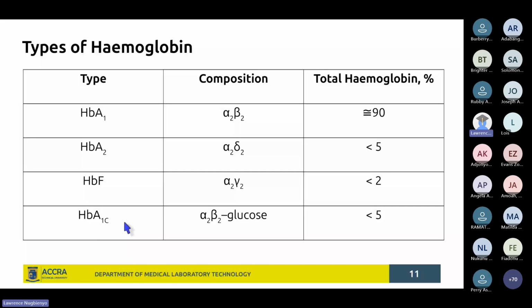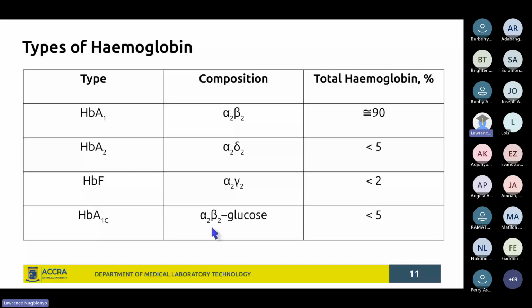Those of you working in clinical settings have been doing diabetic tests based on this, to analyze glycemic conditions over a period of maybe 3 months, taking an average to see if the amount of glycated hemoglobin has increased, which signals some diabetic condition.